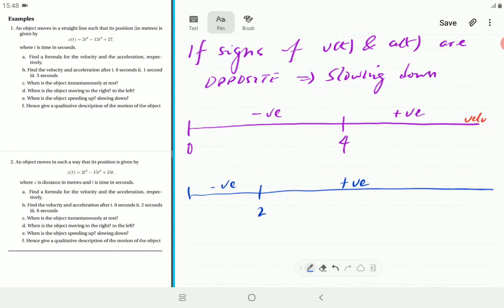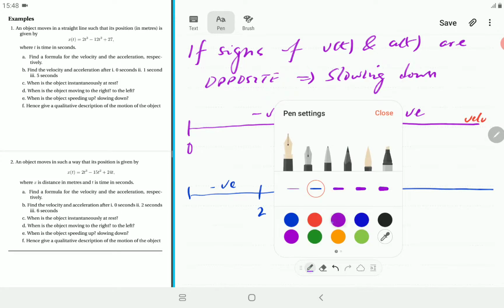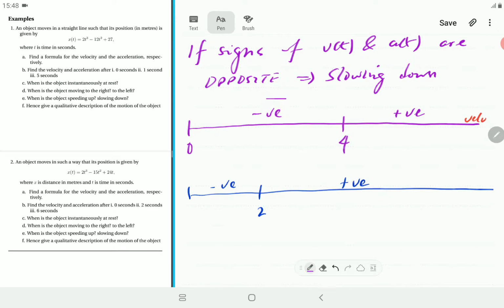So we are going to have regions based on when each of these change sign: the first region, second region, and then the third region.